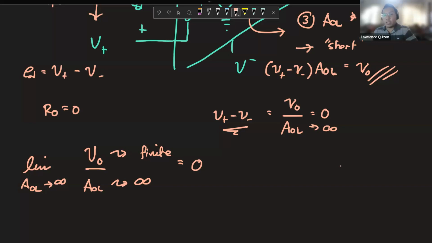But essentially, all that we're trying to show here is that the open loop gain being infinite implies that the non-inverting input has to be equal to the inverting input for finite na V out.